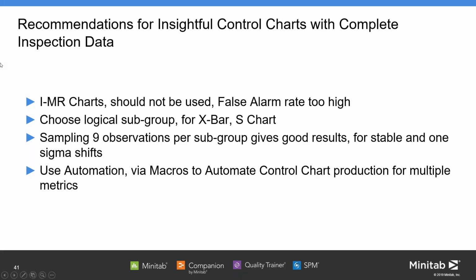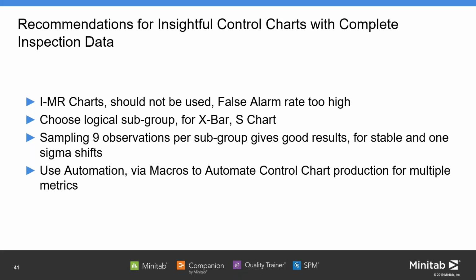You should choose a logical subgroup. In my example, I chose the hour to be my logical subgroup. So when I produced my X bar S chart with a subgroup size of 100, I could clearly see the trends in my process over time. I was not being plagued by the false alarm rate problem.